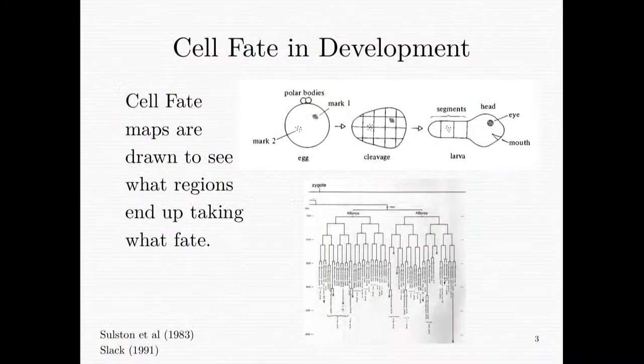And so you could imagine that at an early stage in embryonic development, you put two different marks at two different points of the embryo, and then you just see what they look like after the organism has developed for some time. And early embryologists used to draw these cell fate maps where you could really keep track of how these cells were and what fate they were taking at the end.